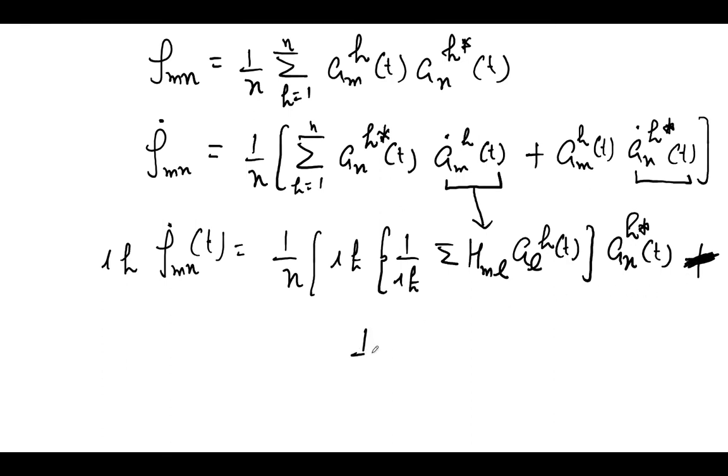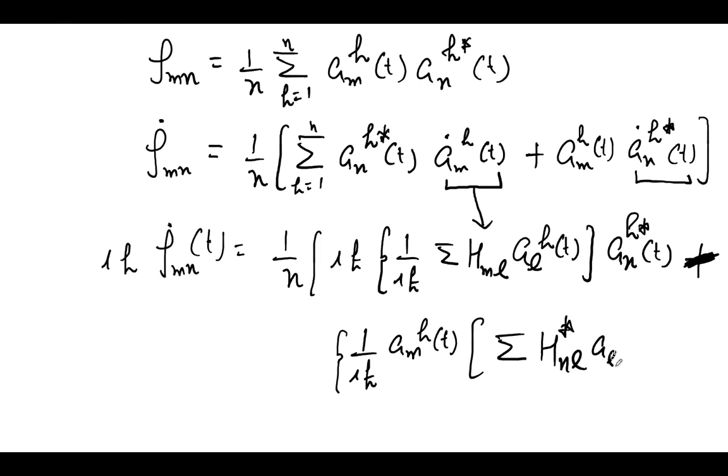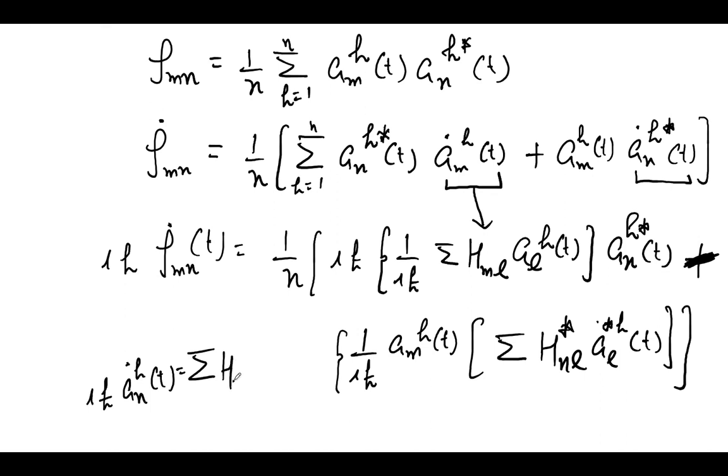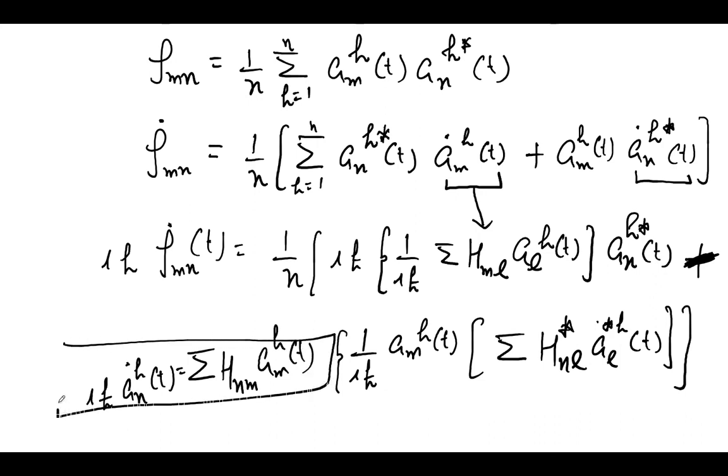So this equation is 1 over ħ, a_mk(t) into summation of H_nl* into a_lk*(t). Here I have used the equation iħ ȧ_nk(t) equal to summation of H_mn a_mk(t), and similarly the neighbor to n, that is the l-th system.